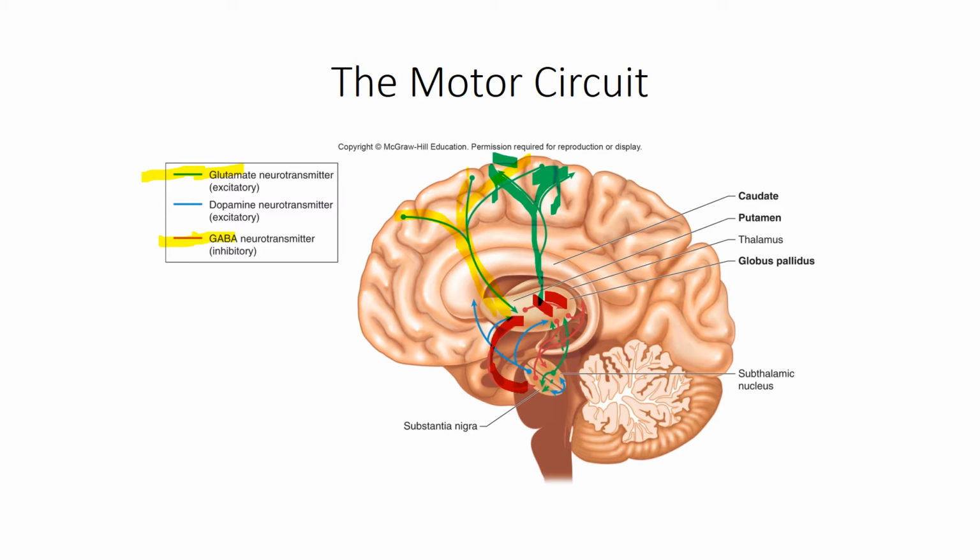This circuit of excitatory and inhibitory neurotransmitters is considered to be the motor circuit. It's important for having appropriate movements and inhibiting unwanted movements. If we didn't have this, we'd have jerky reactions all the time. People who have damaged basal nuclei actually do have that, where they can't voluntarily control their movements.